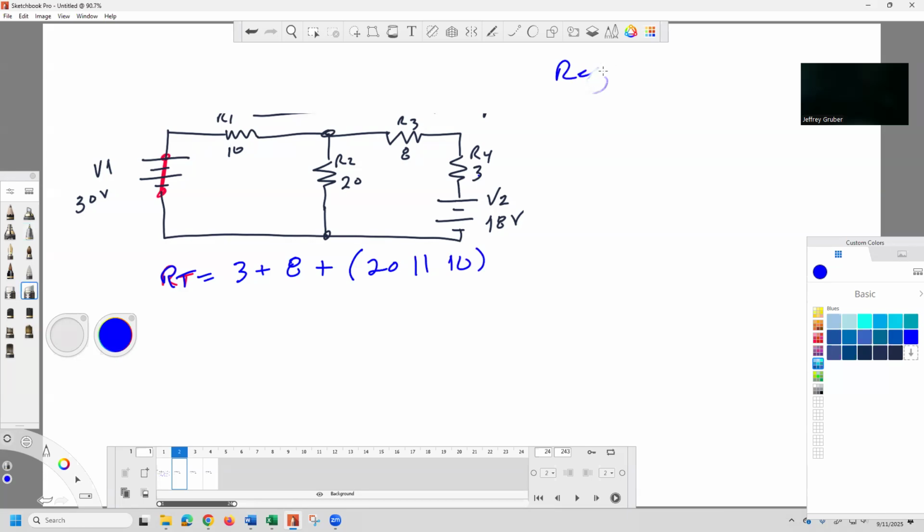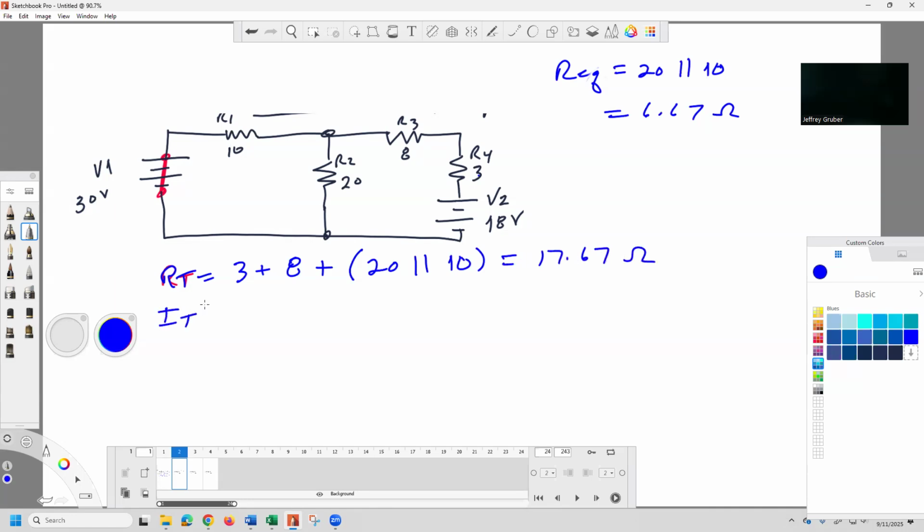What the hell happened there? REQ is 20 in parallel with 10. It's 6.67 ohms. So this equals 17.67 ohms.